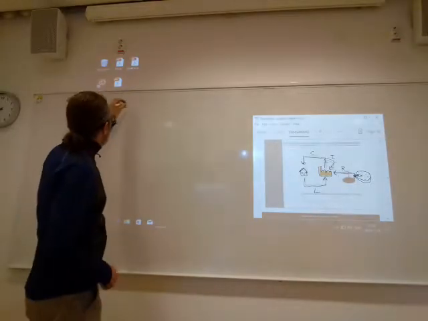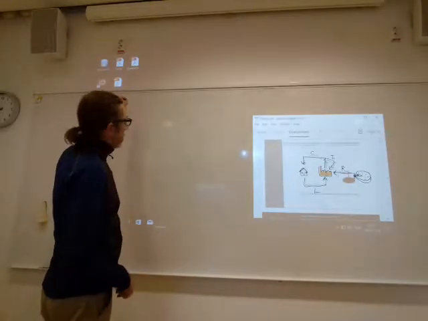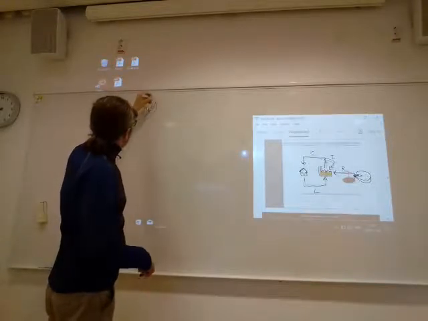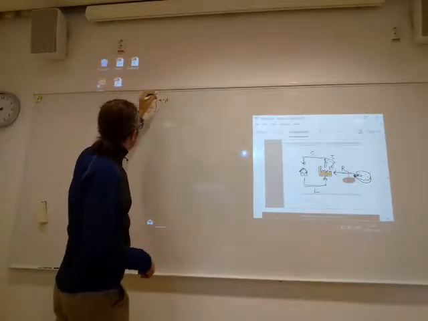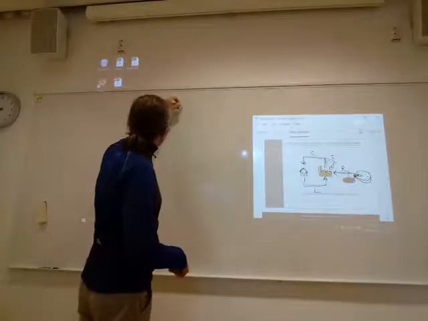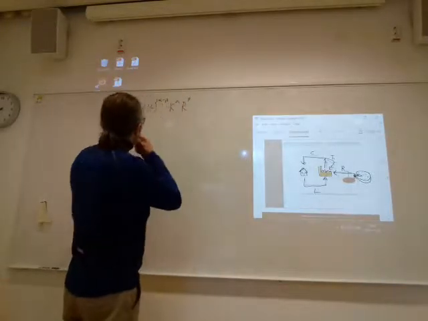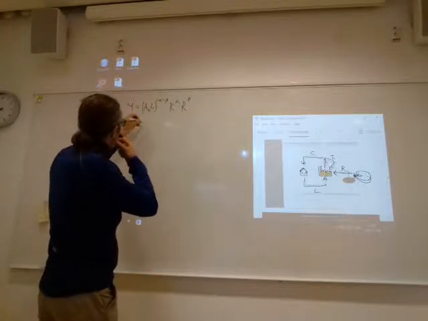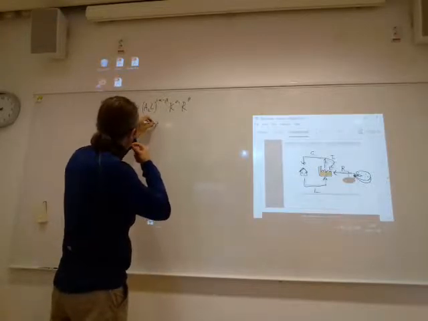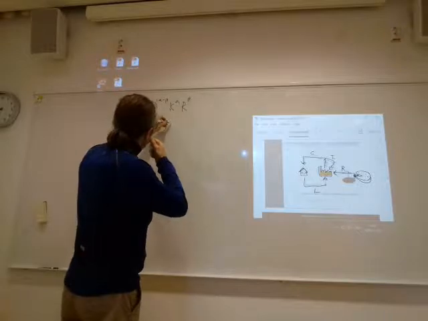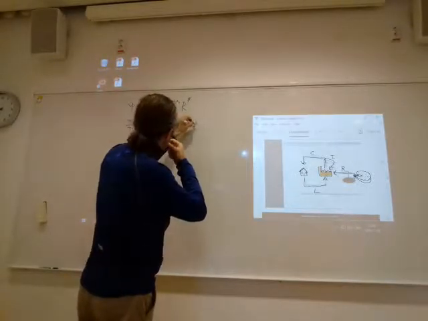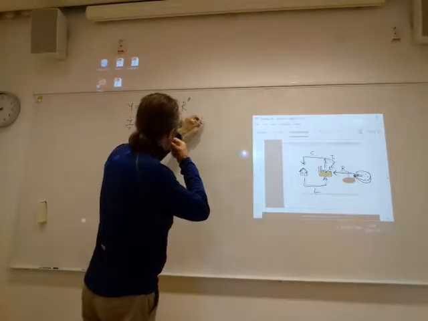Again, we've got the same production function, so we're going to end up with y dot over y is 1 minus alpha minus beta g plus alpha k dot over k plus beta r dot over r.